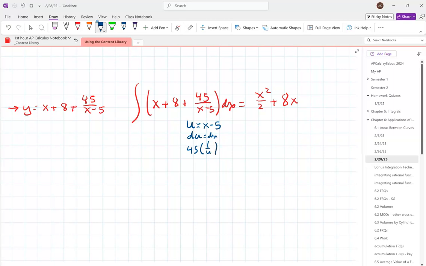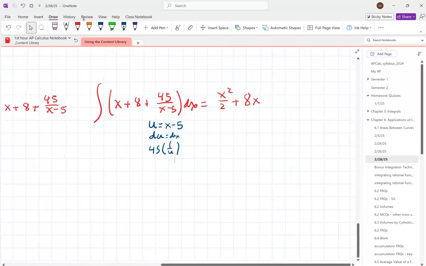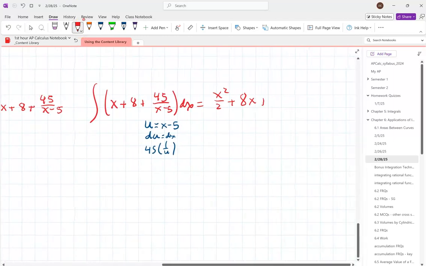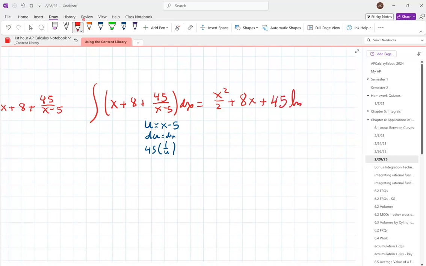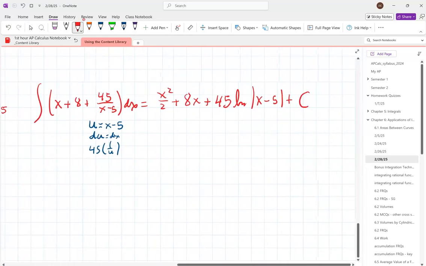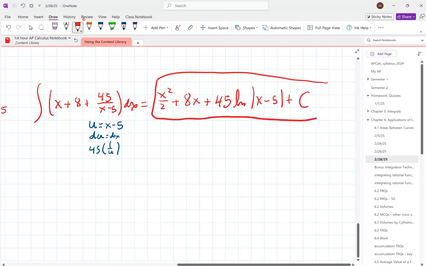That's what we're doing the antiderivative of. So the antiderivative of 1 over u is the natural log. So I have 45 natural log, and then I'll put x minus 5 back in, and then I have my plus c, and I'm done.